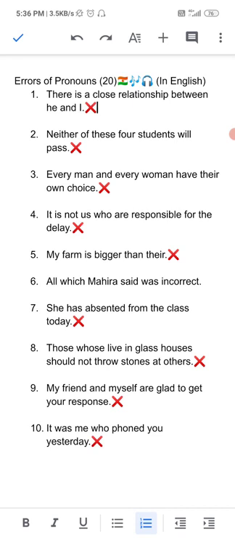Here in this sentence, we have used a preposition between, and after this preposition we have used the nominative case of pronouns he and I. But the rule says that after a preposition we should use the accusative case of any pronoun, means the objective form of any pronoun.